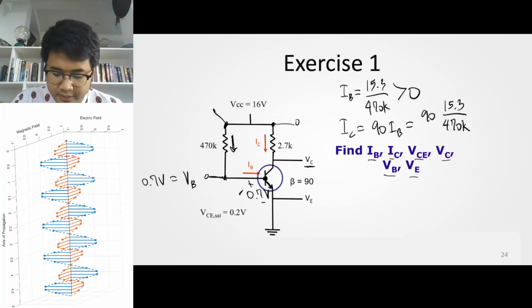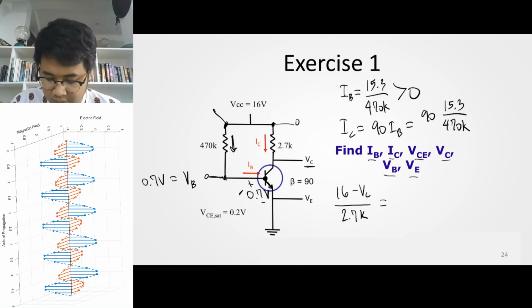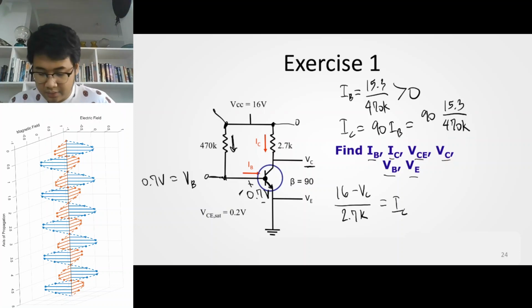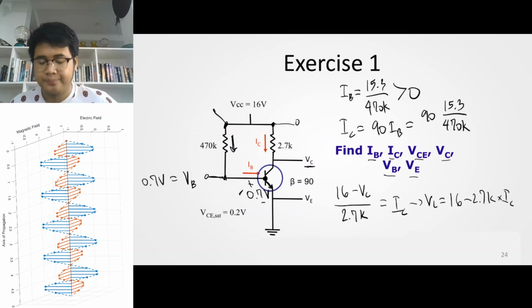VCC, which is 16, minus VC, divided by 2.7k, which is the resistance, is equal to the current IC. You can now solve for VC, which is equal to 16 minus 2.7k times IC.